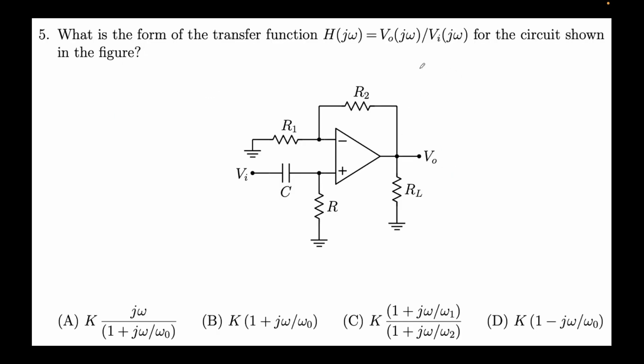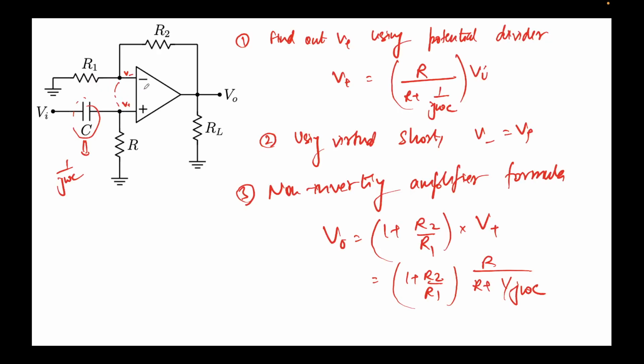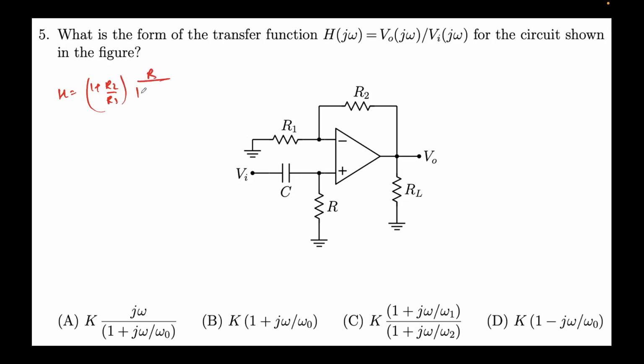So we obtained that H equal to 1 plus R2 over R1 times R divided by R plus 1 upon j omega C. Taking the LCM, it comes out to be 1 plus R2 over R1 times j omega RC divided by 1 plus j omega RC.